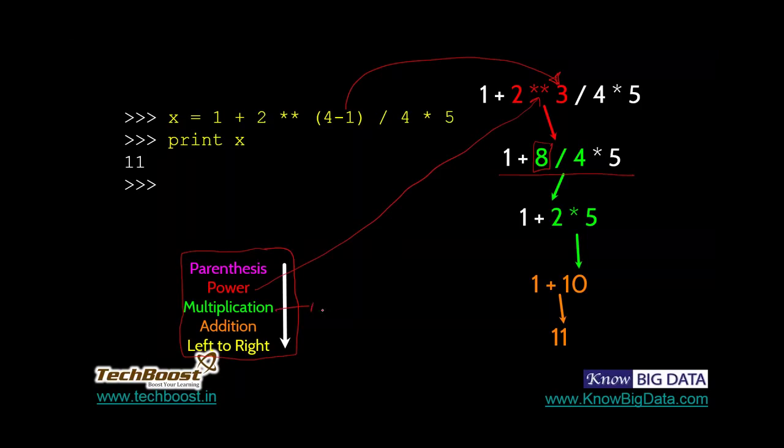They are equal in priority, but since our evaluation happens left to right, and we have both division and multiplication, the division takes place first, and 8 divided by 4 is 2.